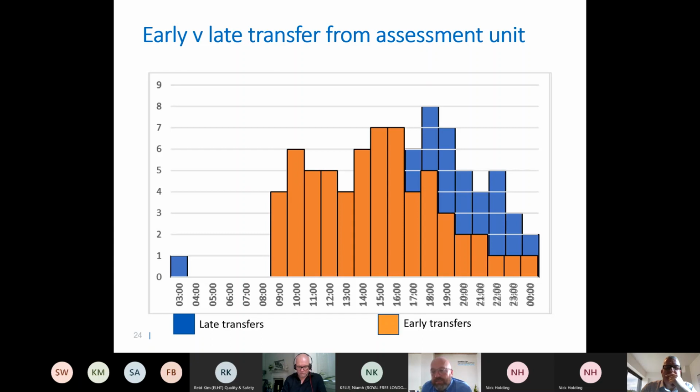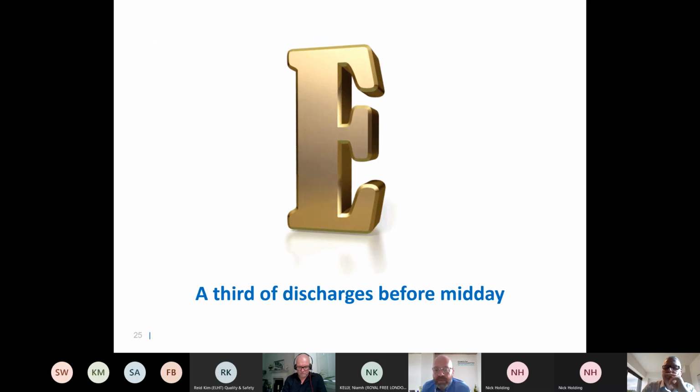And equally, from a patient perspective, the moves tend to happen between, say, 5, 7, 8 o'clock in the evening, which is a time of drug rounds, protected meal times, all sorts of things get in the way, shift handover to night shifts, which creates a bad deal for the patient, but equally a bad deal for the ward teams who are managing those patients, having to work with these discharges and transfers.